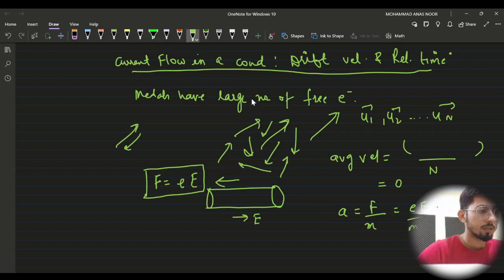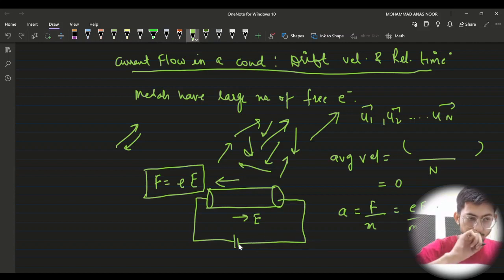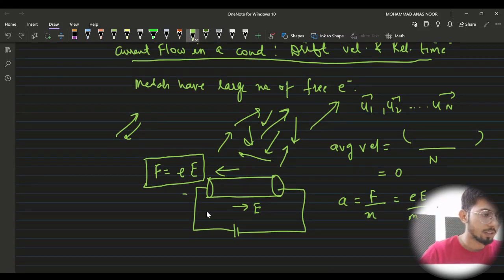Applying an electric field means we have connected the metal to some battery. This is the conventional direction of current, and the electrons would be moving opposite. As they accelerate, because there are millions of free electrons inside this metal, they collide with each other when they move with so much speed in the same direction.